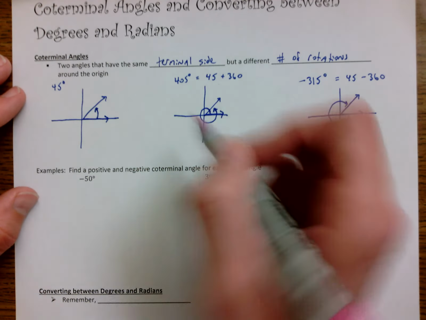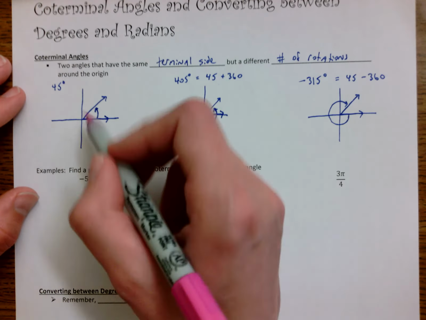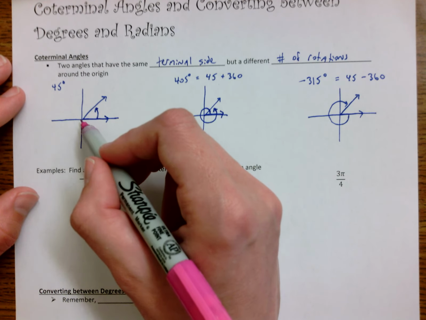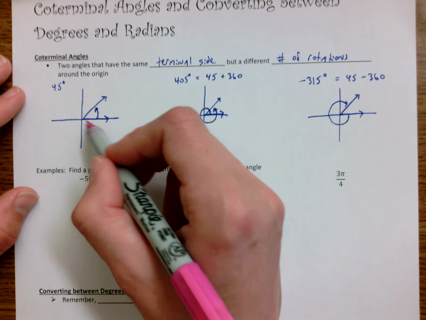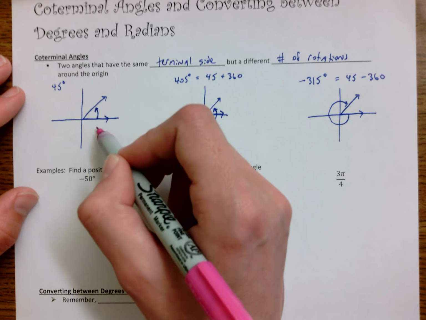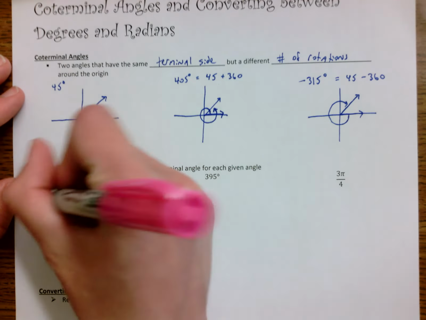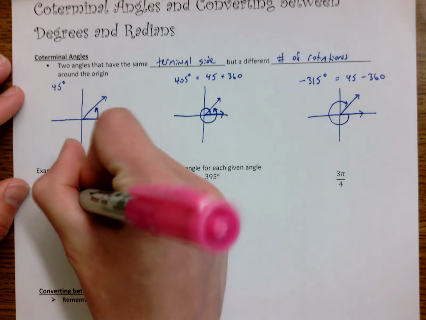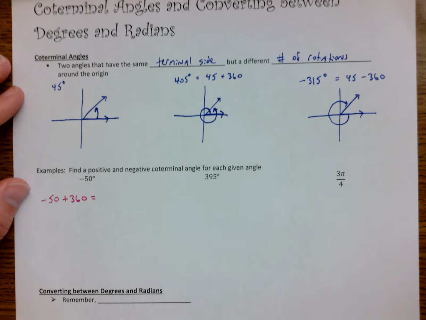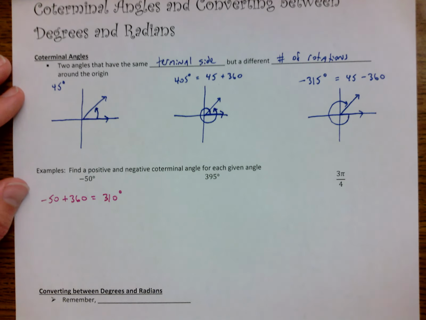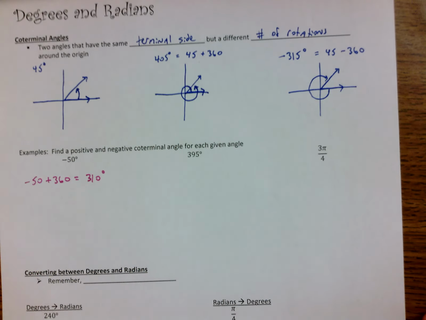So instead of just going to my negative 50 degrees, which would be somewhere down here, right? I'm going to say, instead of going straight there, let me go this way instead to get there. So let me go a positive loop of the circle. So I'm just going to take negative 50 and add a loop of the circle, and that's going to equal 310. So a 310-degree angle would end in the same spot that a negative 50-degree angle would.